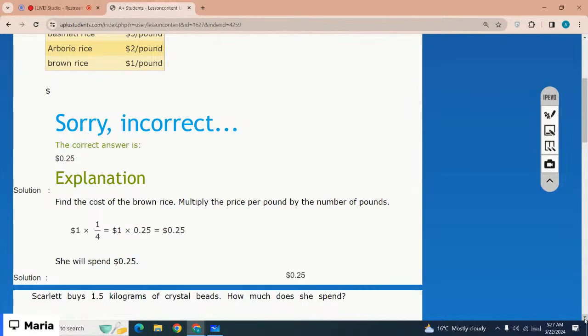That means she spent $0.25, right? The correct option is $0.25.